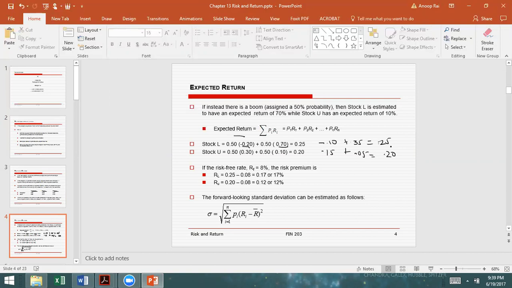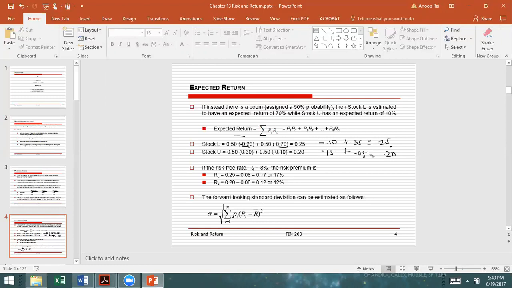So that's called the risk premium. Because you can always put it in a government bond and absolutely be safe. So if you do take the risk and invest in a corporate stock like L, then the chances are you might be rewarded with a 17% premium over and above the risk-free rate. And with stock U, it's about 12%.